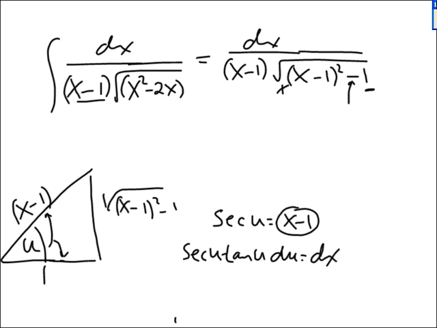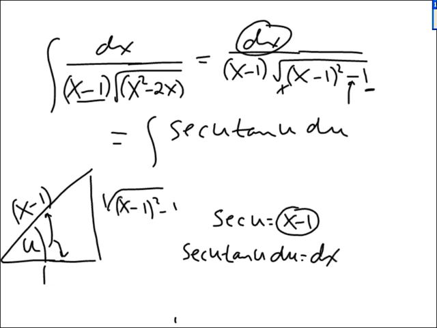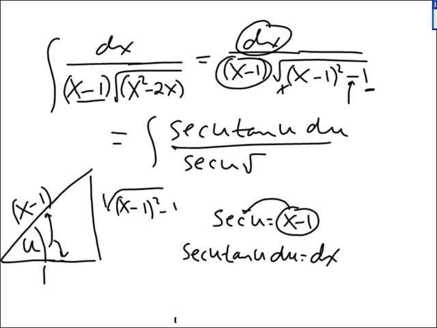Okay, so the numerator is secant of u times the tangent of u times du. X minus 1 is secant of u, times the square root. This here is secant squared u minus 1.